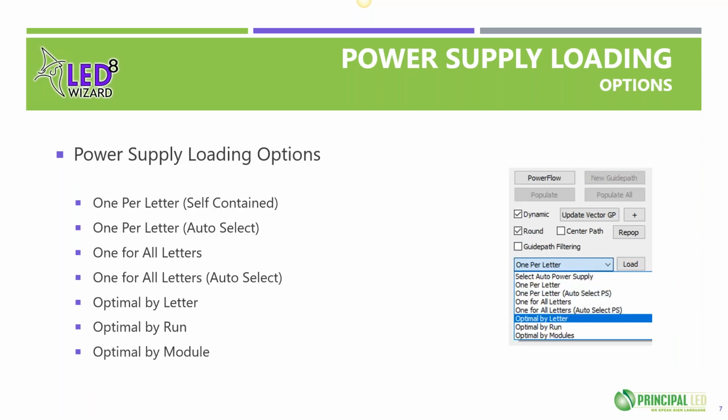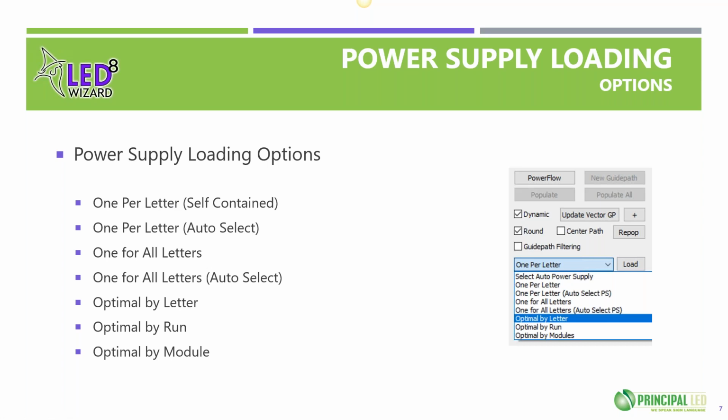So different loading options. We have the modes, and then we have the options. Okay, and options being in this list here. I'll go through these, and some of these are new. Some of them were in LED Wizard 7 as well. The first one is one per letter, and these would be the term self-contained.